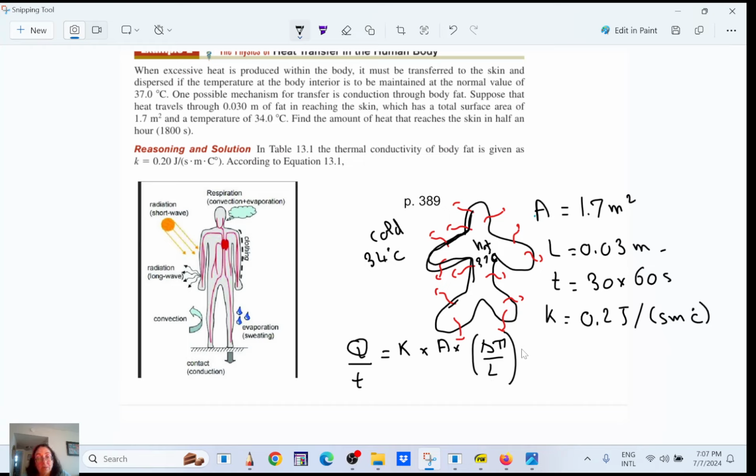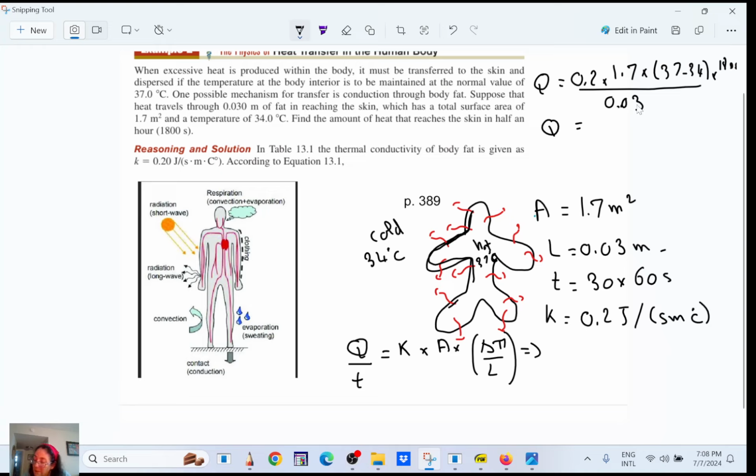So Q equals K, 0.2, times the area 1.7, times 37 minus 34, divided by the length 0.03, times 1800. It's 1800. So you can plug that into your calculator.